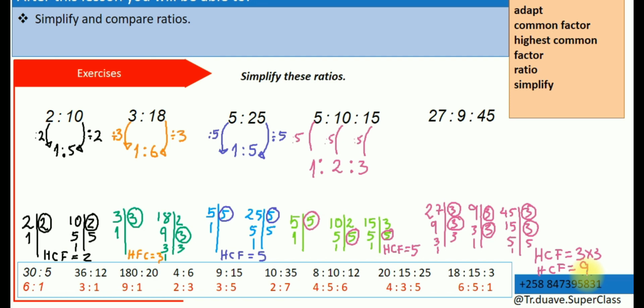Divide by 9, also by 9, also by 9. 27 divided by 9, the result is 3. 9 divided by 9, 1. And 45 divided by 9, 5.